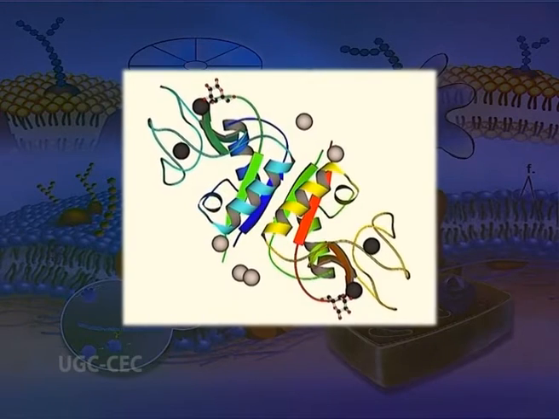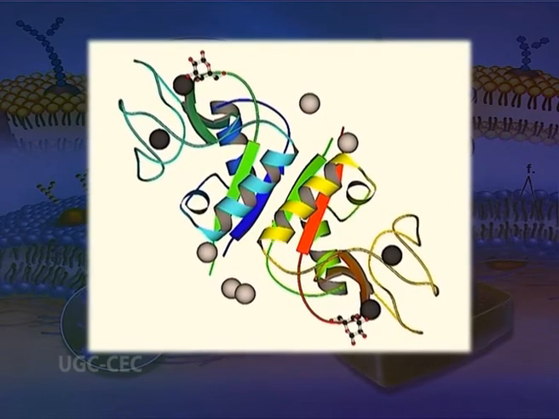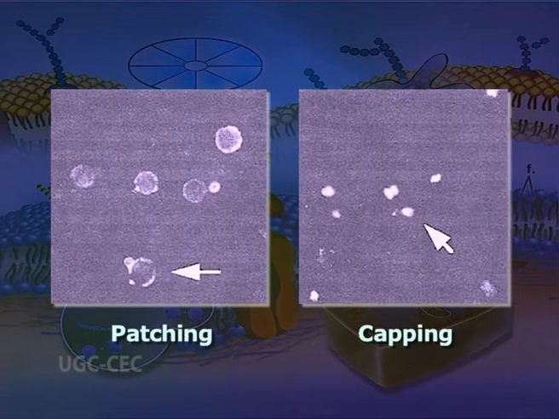Another class of multivalent interacting molecules is a collection of proteins termed lectins, which are capable of combining with the carbohydrate chains projecting from the cell surface. The clustering or capping effect in lymphocytes may result in the displacement of antigenic molecules within the surface membrane.